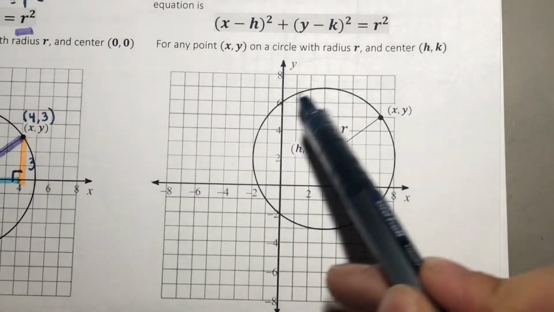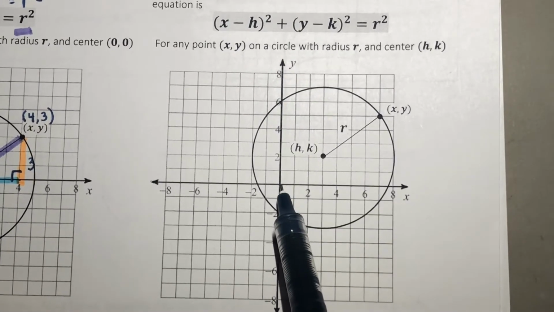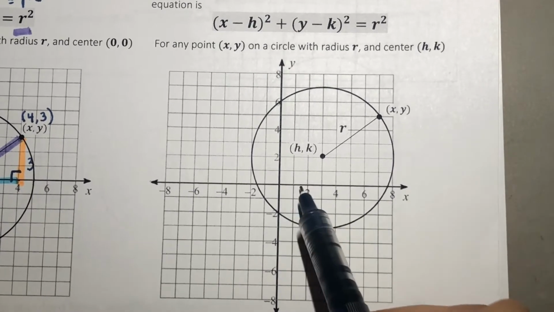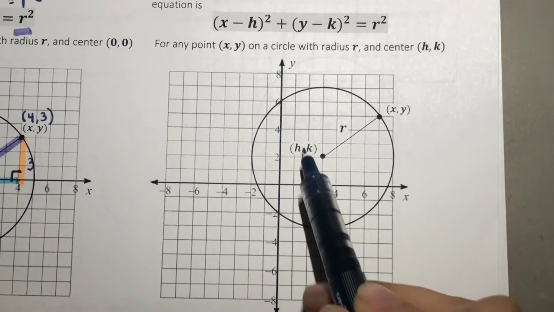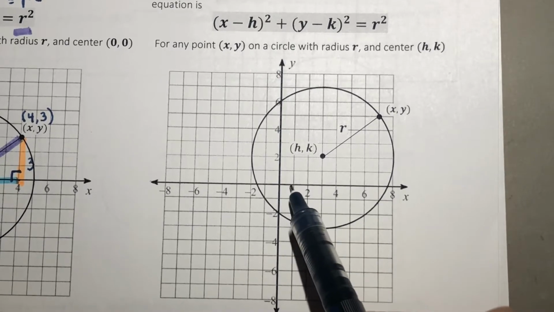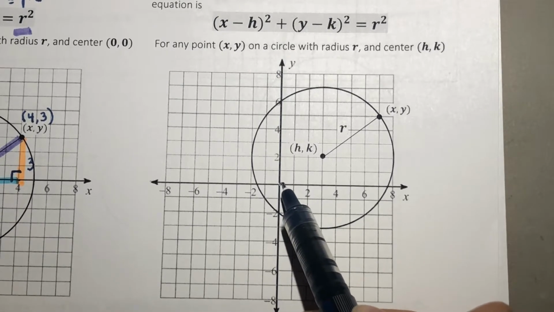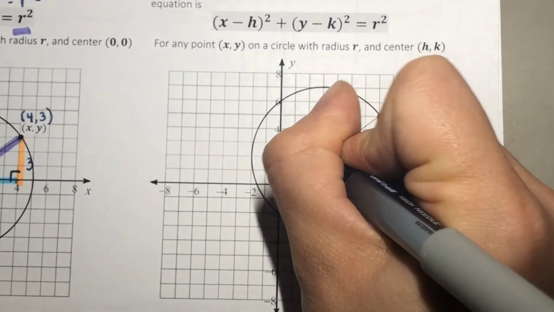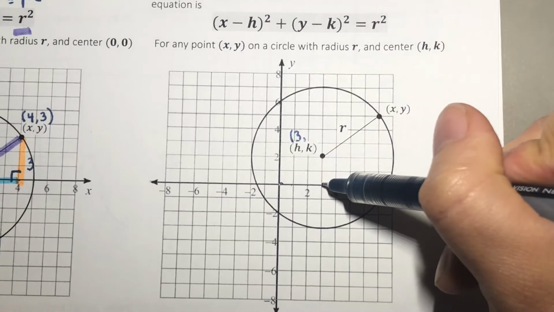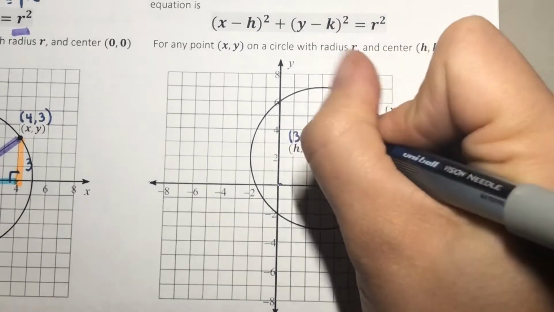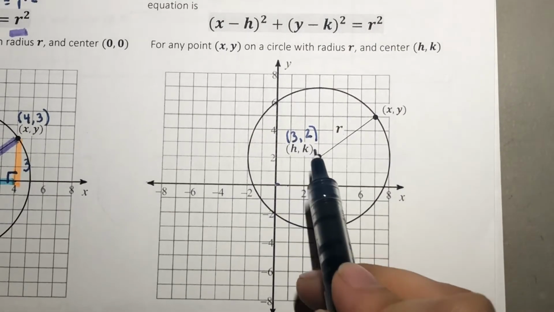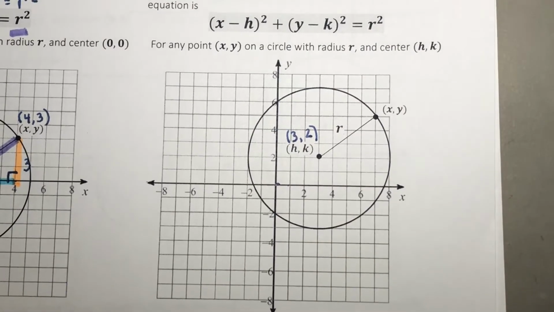But for this circle in particular, we can see the coordinates of the center, starting at the origin, 1, 2, 3. The x coordinate is 3, and the y coordinate is 2. So in this case, the h is 3, the k is 2.